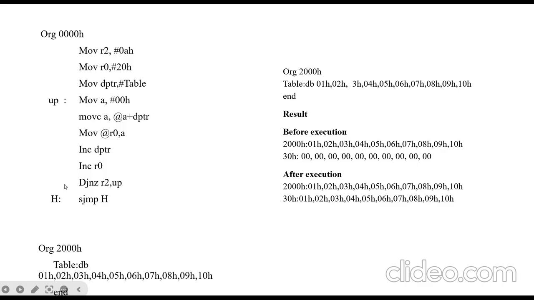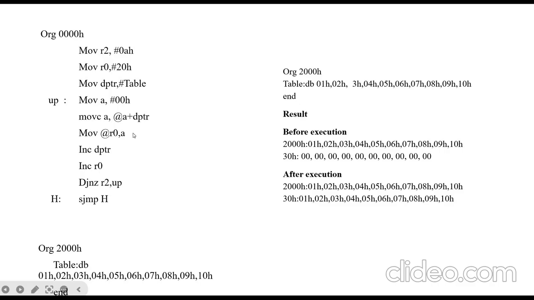Then we will come to the main loop here. The first instruction is move a, #00h. It will clear the accumulator to ensure that it starts with 00. And then movc a, @a+dptr. This is the move code memory instruction, and the effective address for the data is dptr plus the accumulator.